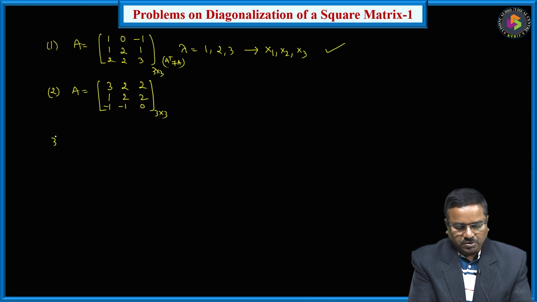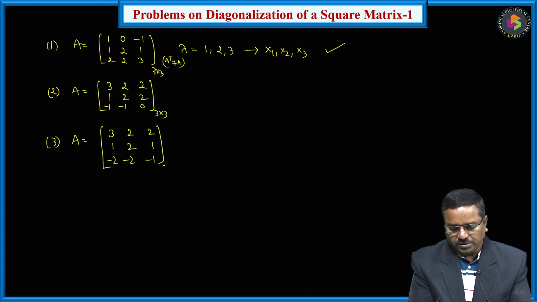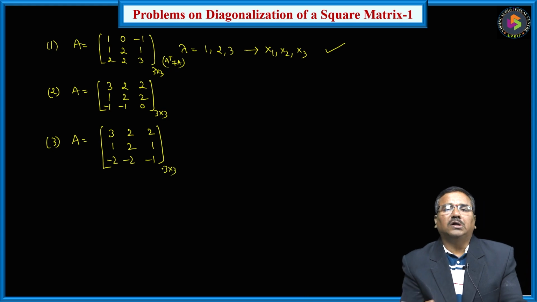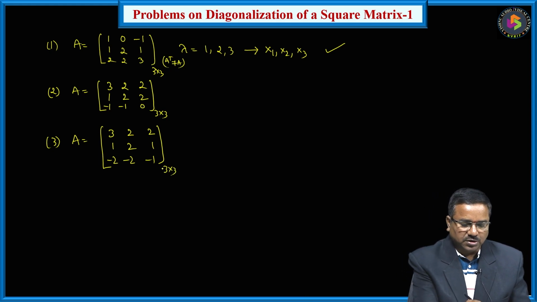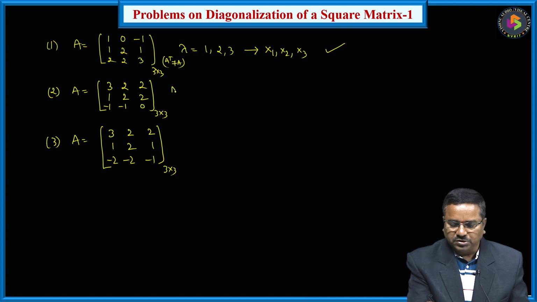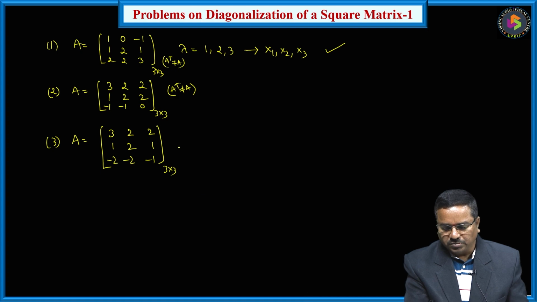The third problem is [3 2 2; 1 2 1; -2 -2 -1]. It is also a 3 by 3 matrix. Now, look, all are non-symmetric matrices. This is also a non-symmetric matrix, and this is also a non-symmetric matrix, because A transpose is not equal to A.